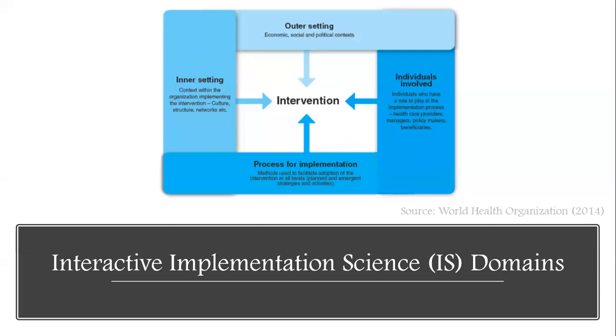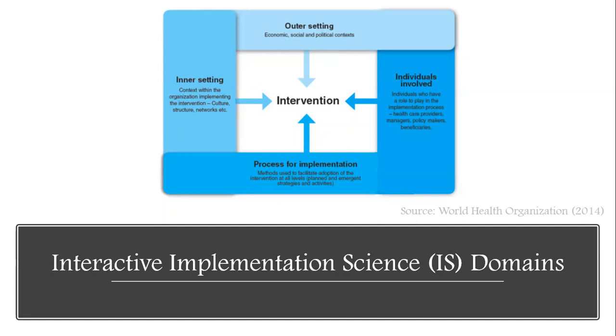And so here are some of the things that bear on the implementation of research in practice. These are some of the domains that we have to consider, because implementing EBP and utilizing research in practice can sometimes be an uphill battle. There are many different factors that we have to take into consideration, and all of these things bear on the implementation of a particular intervention.